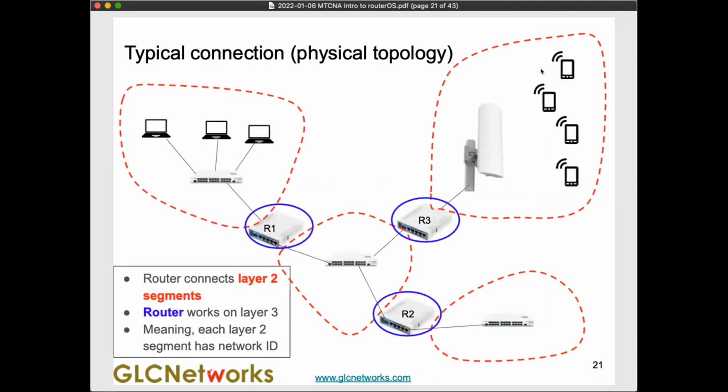And then we set up a physical topology. Here we have layer 2 and layer 3. The blue ones here are layer 3. Maybe I can do it better using a different color.